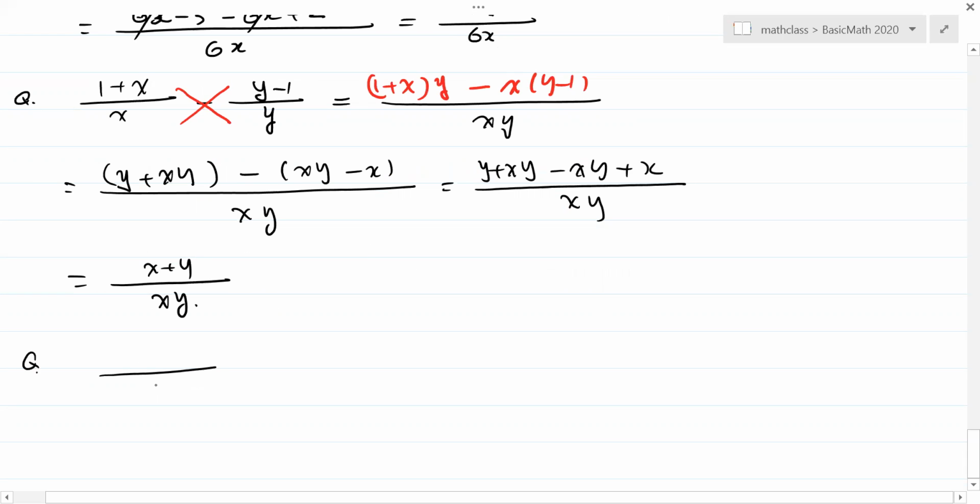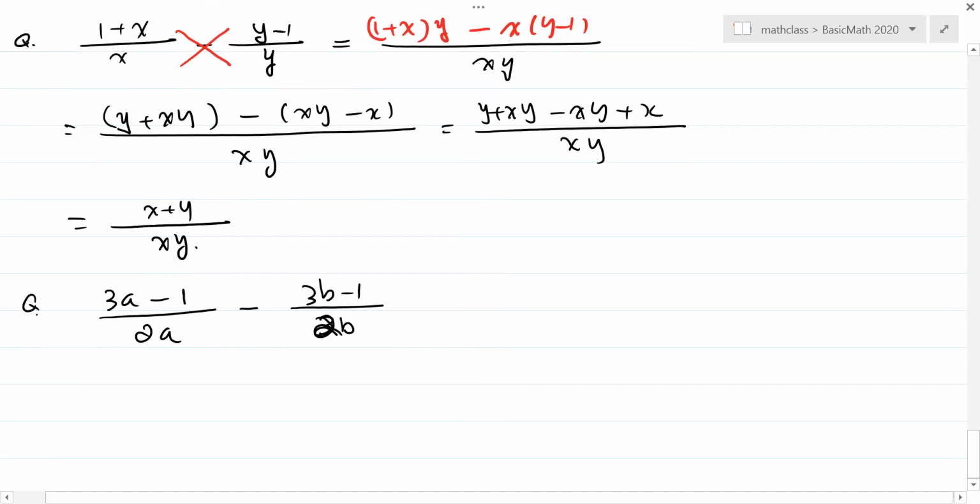I'm going to put here 2a, okay, and the 3a minus 1, minus 3b, and 3b minus 1. Okay, so let's do this.